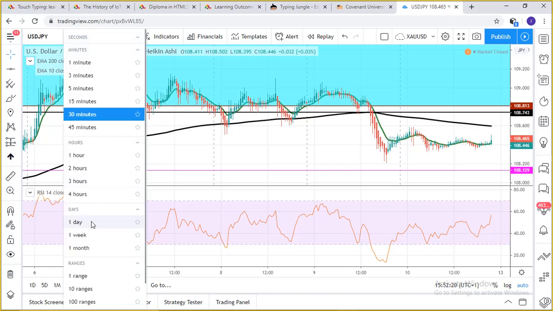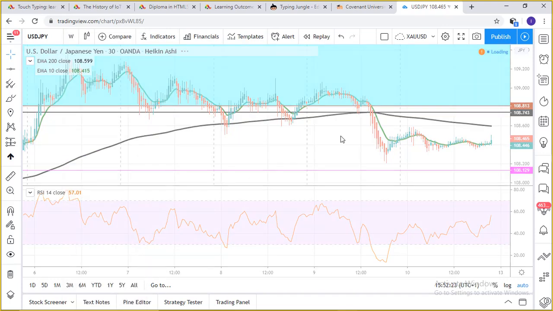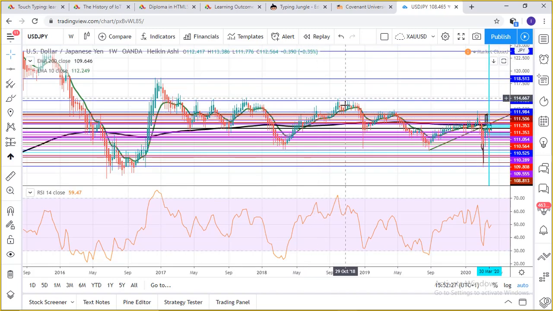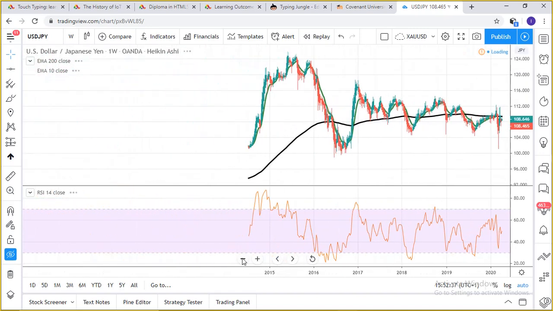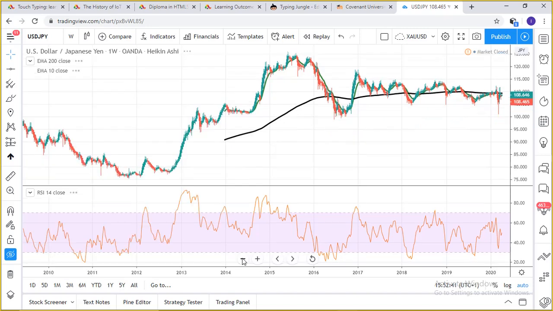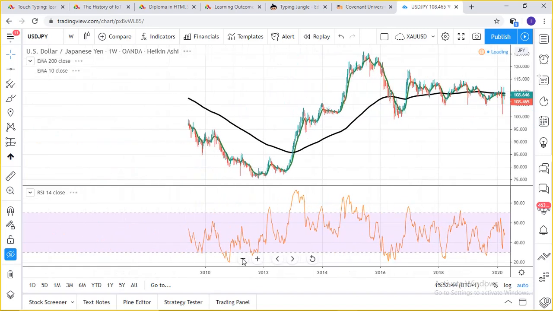USD/JPY, let's look at it. What do we have on USD/JPY?